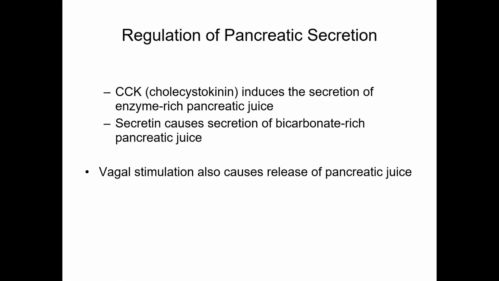All right. So we talked about the pancreas making digestive enzymes and bicarbonate ions. On top of that, it also can make hormones, the insulin and the glucagon, which are the endocrine secretions.